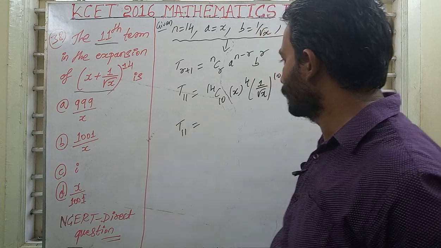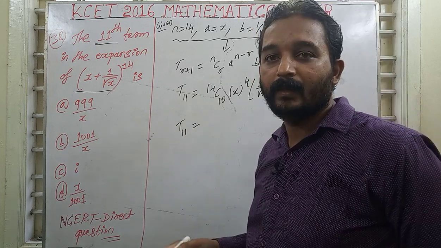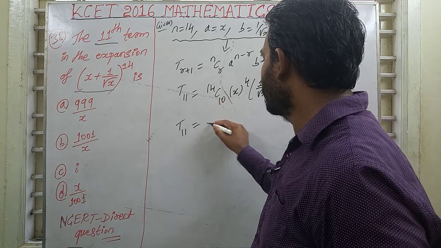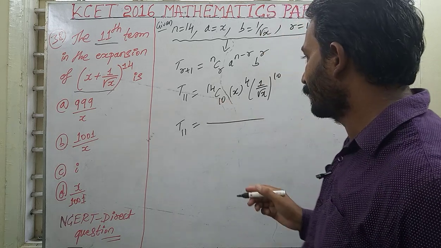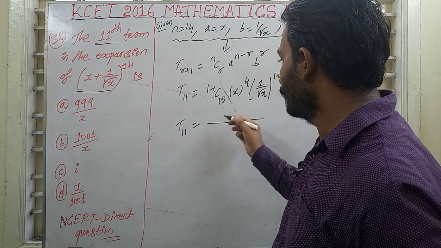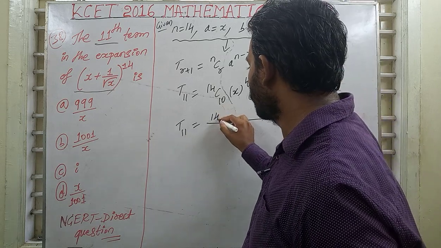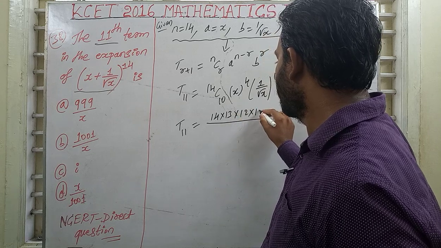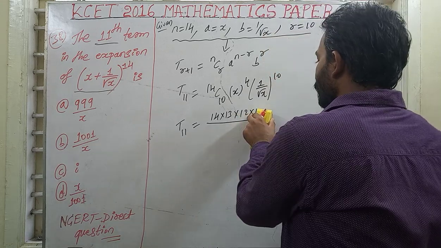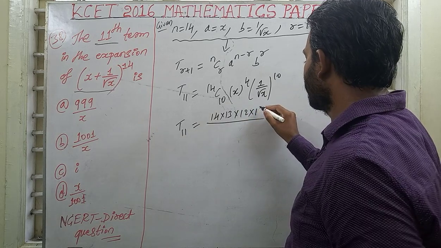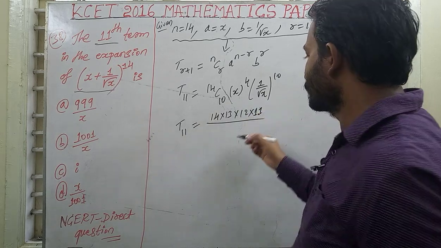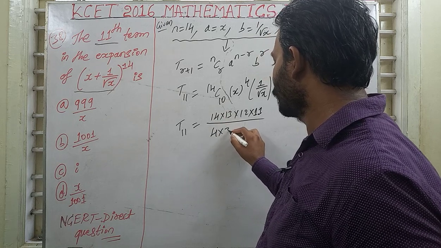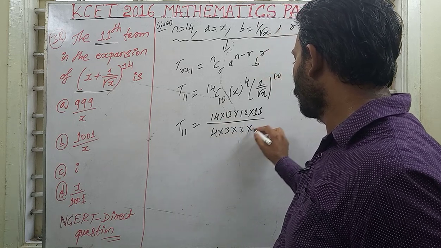So in the next step it can be written as 14C10. 14C10 means 14 factorial divided by 14 minus 10, that is 4 factorial, and 10 factorial. So in the numerator it can be written as 14, 13, 12, 11, 10 factorial. So 10 factorial in the numerator and denominator cancel each other. The remaining denominator 4 factorial is nothing but 4, 3, 2, 1.